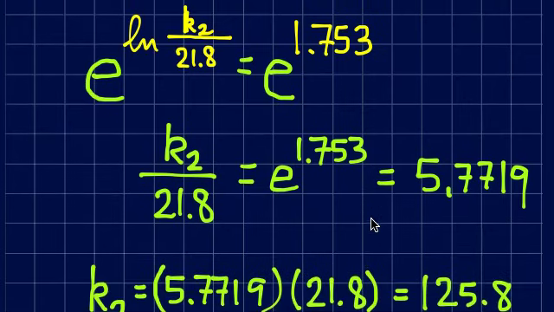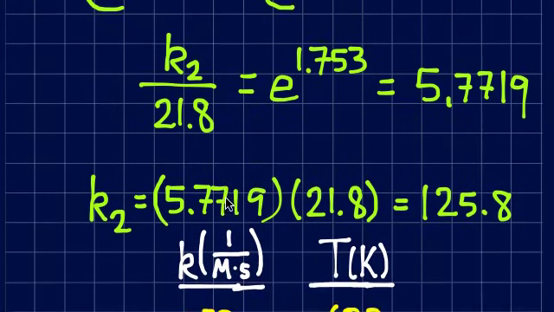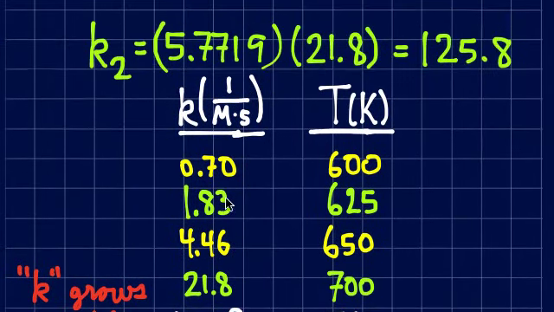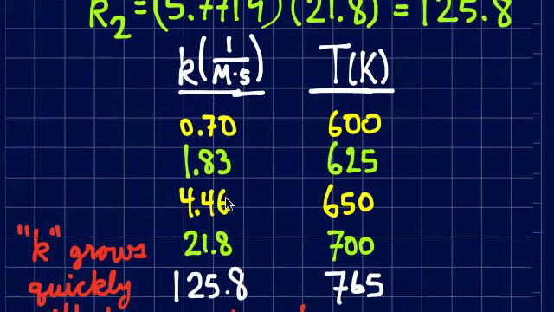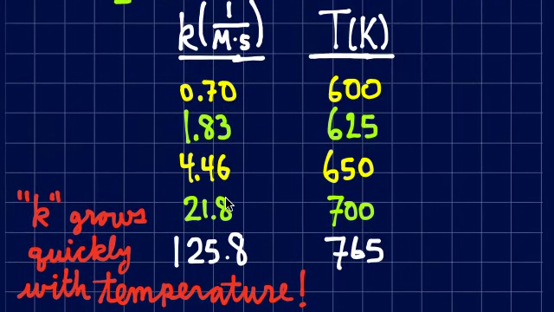Then I simply multiply both sides by 21.8, and I found 125, 126. So the bottom line is, I'm probably going too quickly, but that's the bliss of being able to rewind this silly thing. The constant grew quite large, 125, with just a 65 Kelvin temperature change.